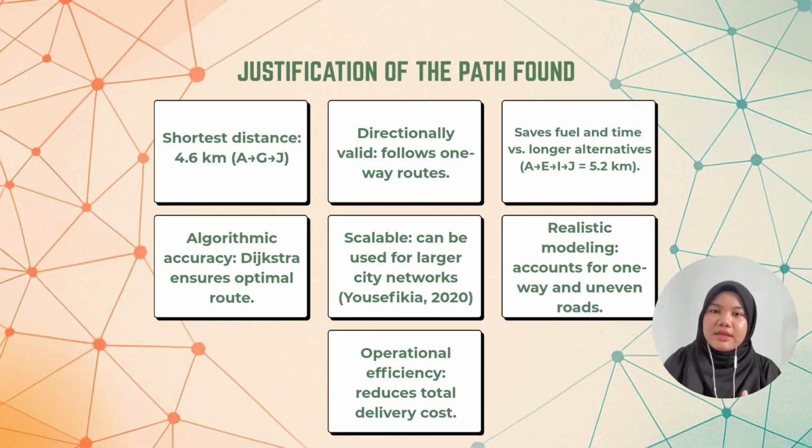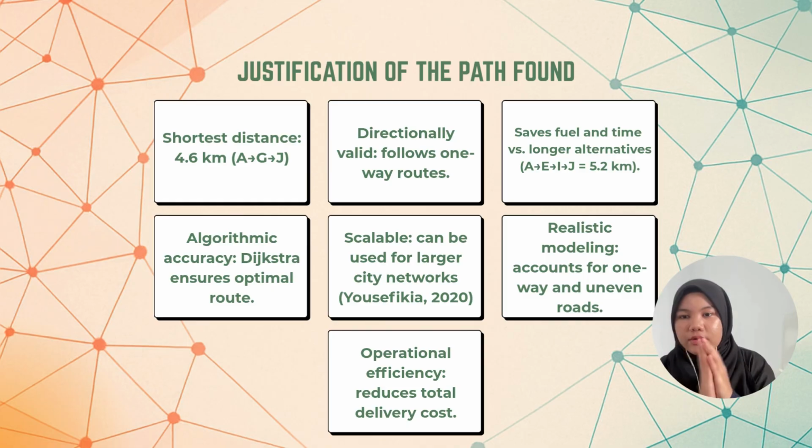Thirdly, it saves fuel and time, which reduces travel costs compared to other routes like A to E to I to J, which totals 5.2 kilometers. And fourthly, algorithmic accuracy: Dijkstra really guarantees the shortest route in graphs with positive weights.